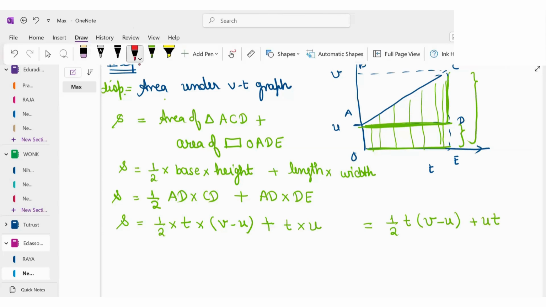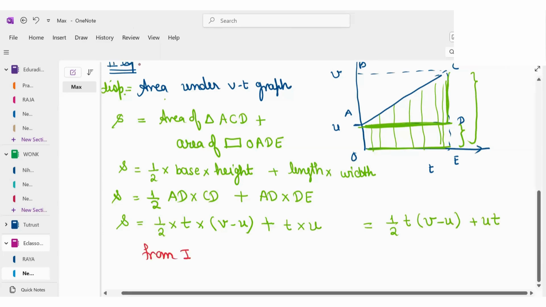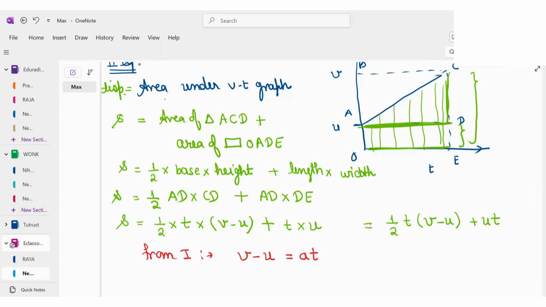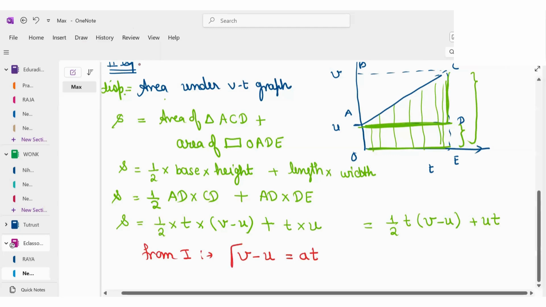Now, from the first equation, V minus U, can we say it's equal to AT? Now substitute this value, V minus U equals AT, here.